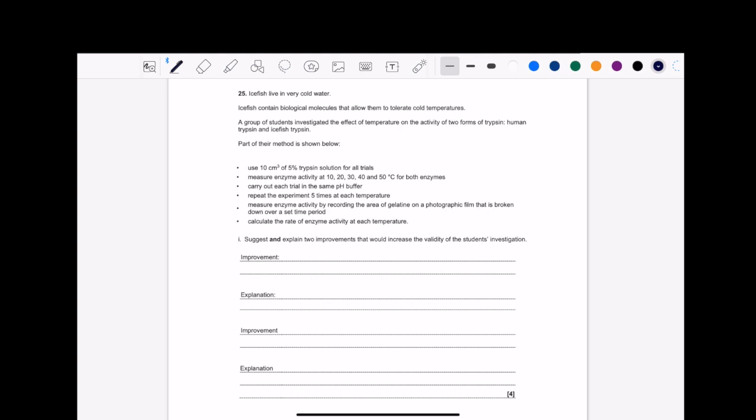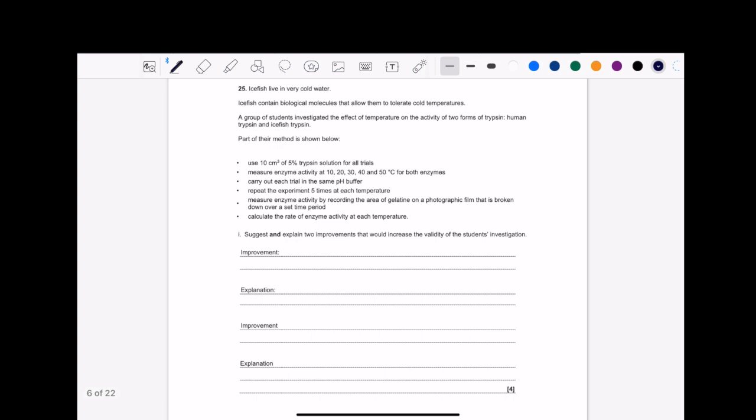Another thing would be you just need to minimize experimental error. And what I mean by that is improving the accuracy or even the reproducibility and repeatability of the experiment. They are very important things you must mention and understand when it comes to validity.